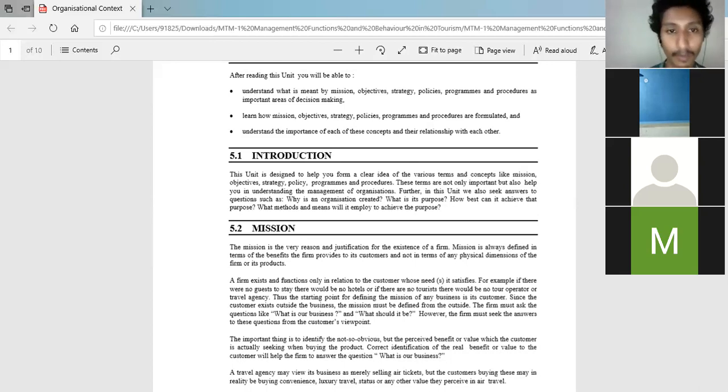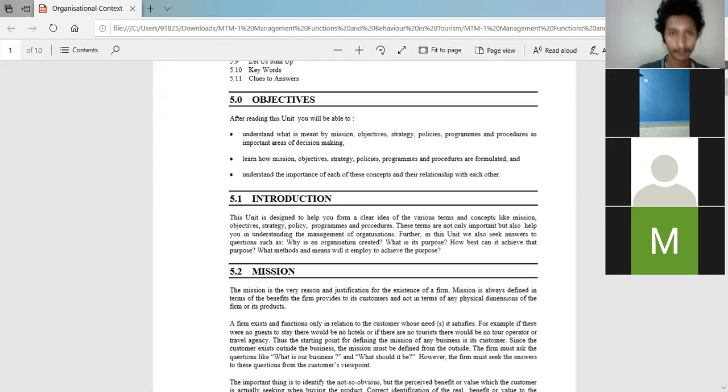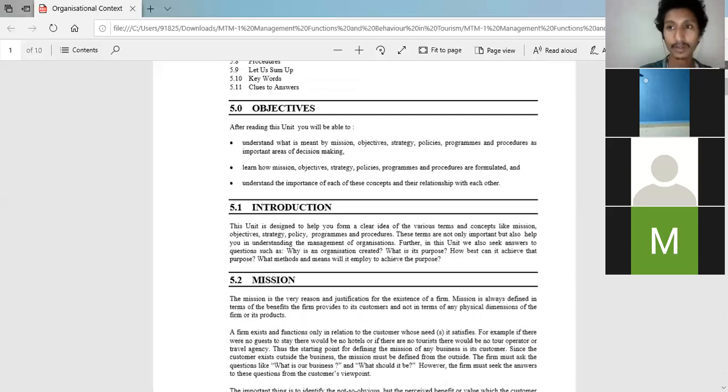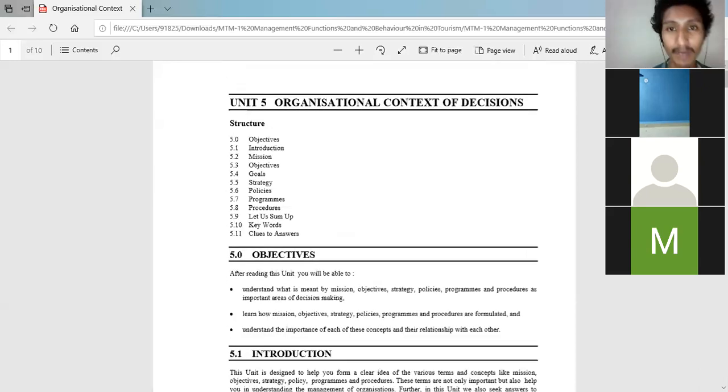You just write it down, and the whole chapter will be finished in this question. The question is: explain organizational context of decisions. The chapter name is the question. So, answer.